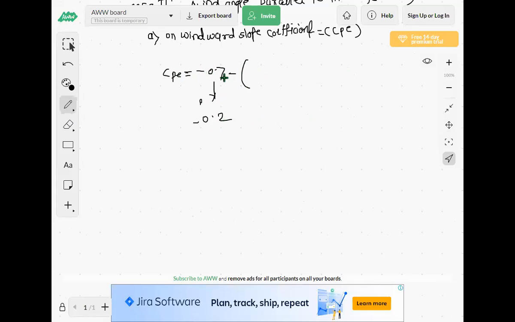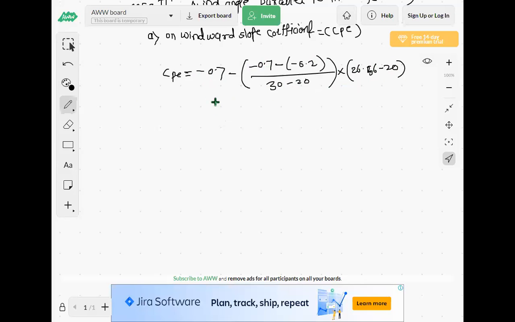So we can minus this all calculation from 0.7. Okay, same again, difference of the coefficient. So difference of coefficient is this, difference of slope is this, then obtained slope is 26.56 minus minimum slope.